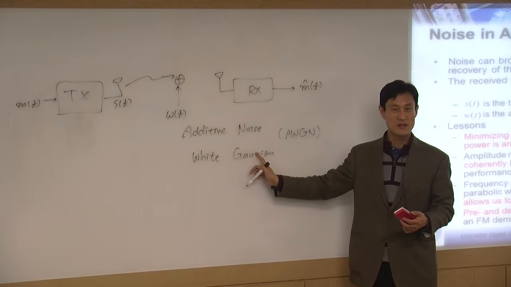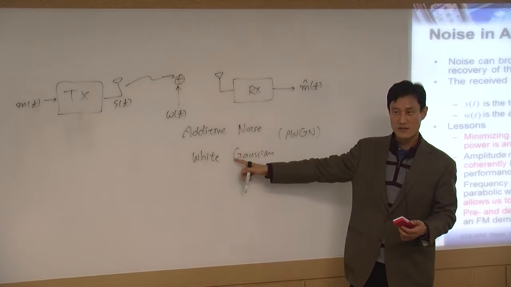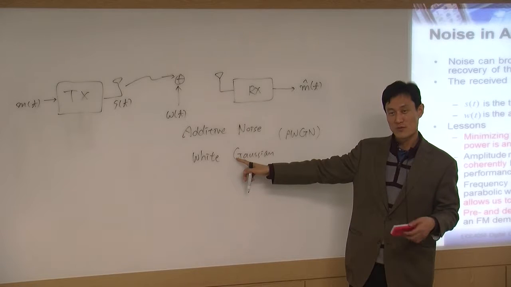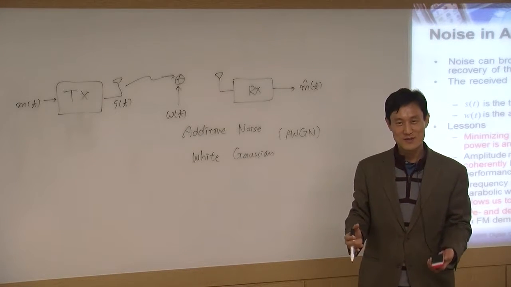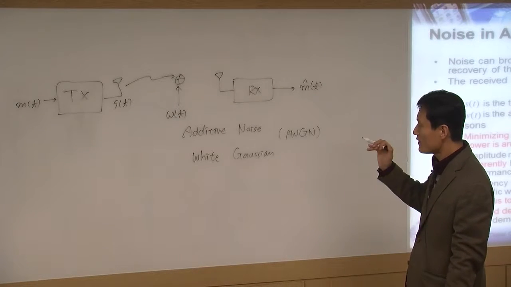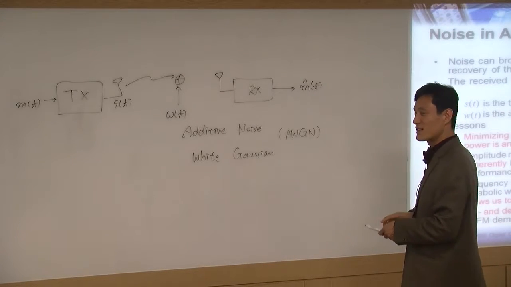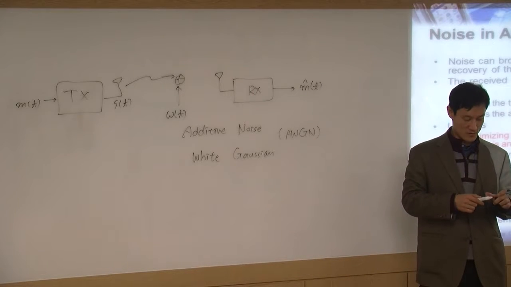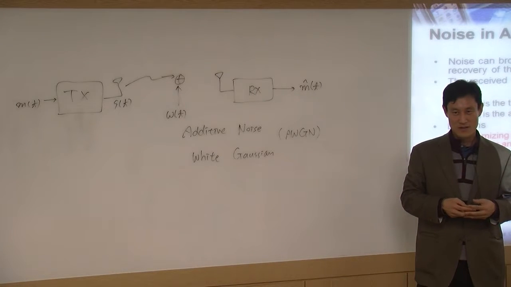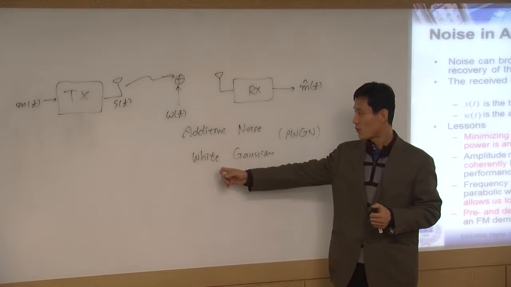Each one has a meaning, right? Why white? Why not yellow, blue noise, red noise? There are many colors, right? So why especially white? Why not yellow? We discussed that, right? Some of you remember why? Why white?